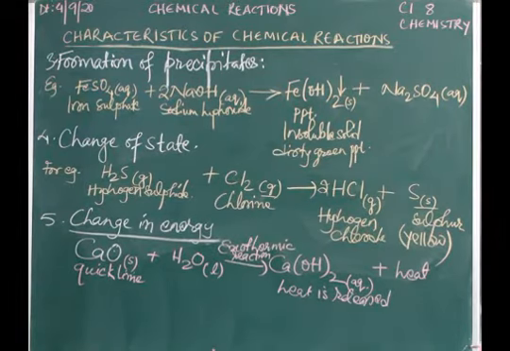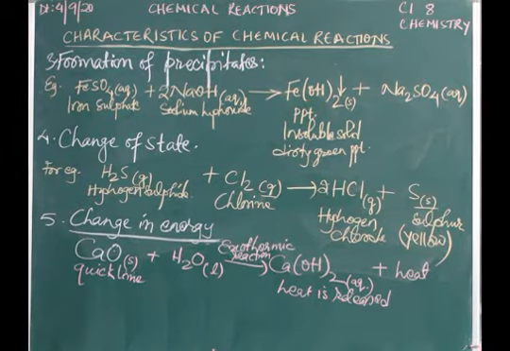Some reactions release heat. That means there is a change in energy. Initially I didn't apply heat, and the mixture was cold when I was mixing these two, but now the mixture is very, very hot. So there is a change in energy, and it is because the reaction is exothermic, as heat is given out.